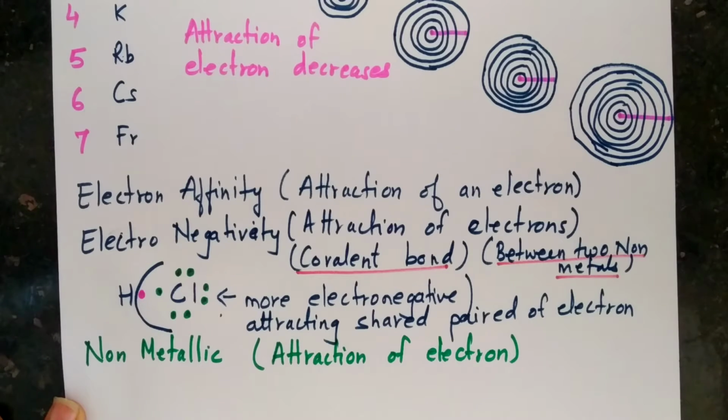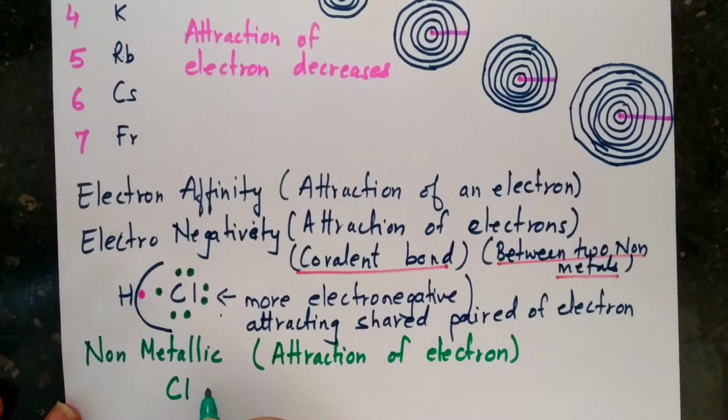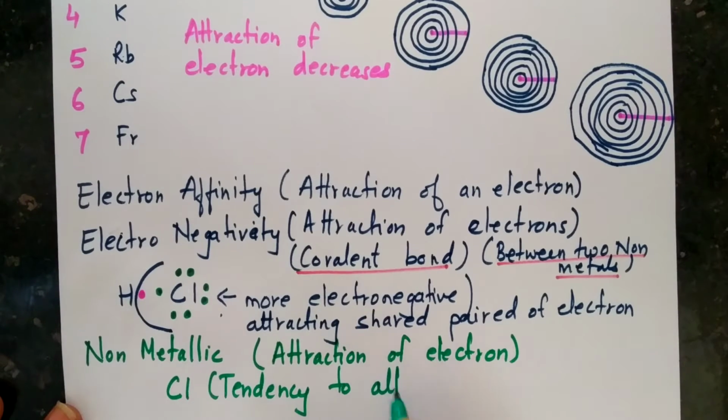Take any non-metal, for example chlorine: chlorine has the tendency to attract electrons. So this becomes a non-metallic trait.